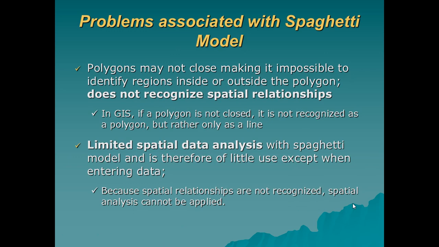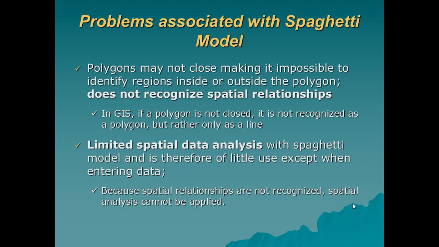So what are the problems associated with the spaghetti data model? Polygons may not close, making it impossible to identify regions inside or outside the polygon. The spaghetti data model, as we said, does not recognize spatial relationships. In GIS, we said that if a polygon is not closed, it is not recognized as a polygon, but it is simply only a line.